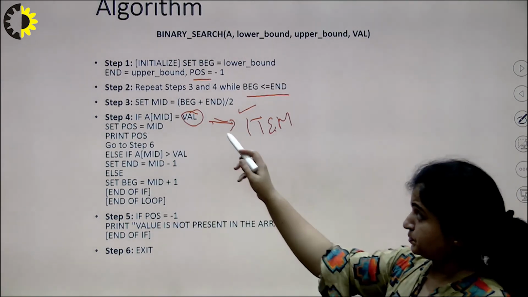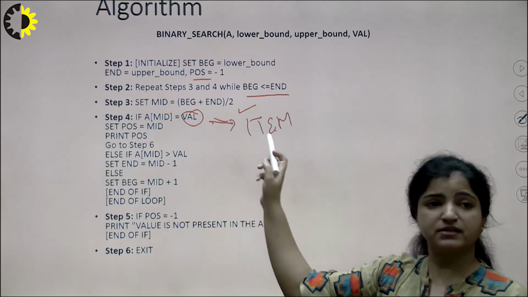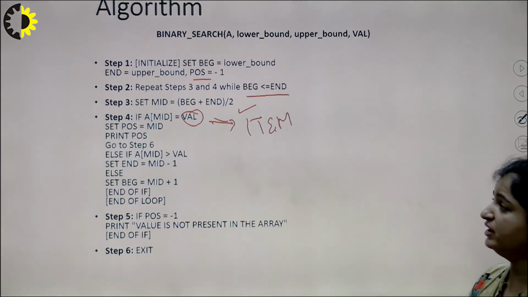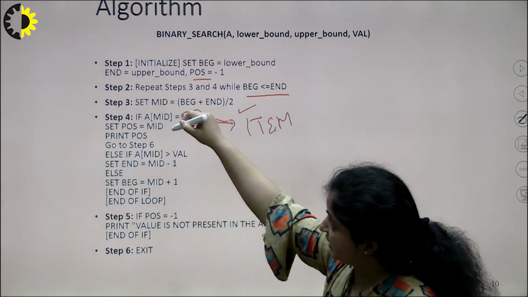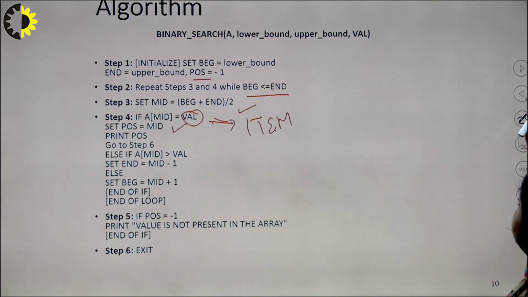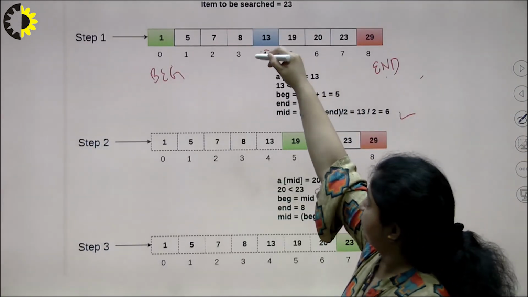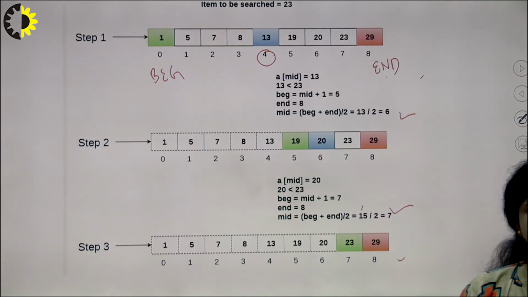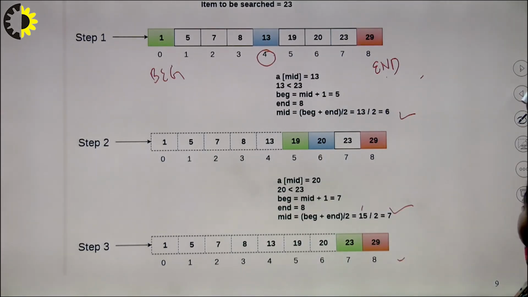So here we will check whether it is present at that particular position. If it is present, we will return this value of mid. The value of mid is actually this index, so we will return this value 4 if the value is matching, fine.